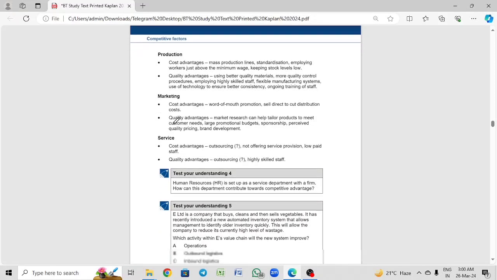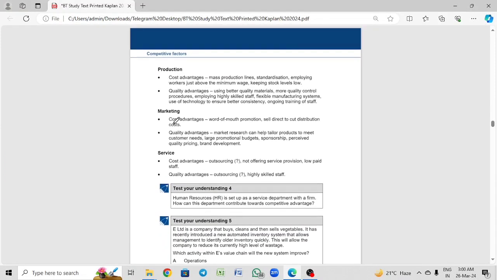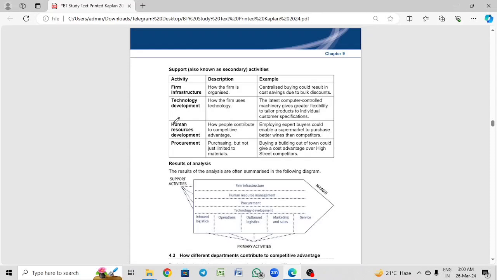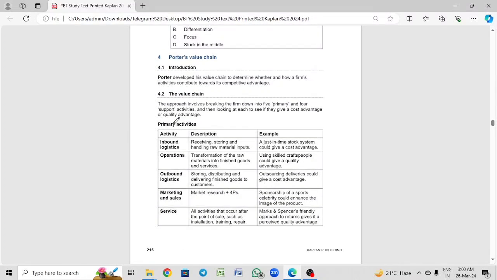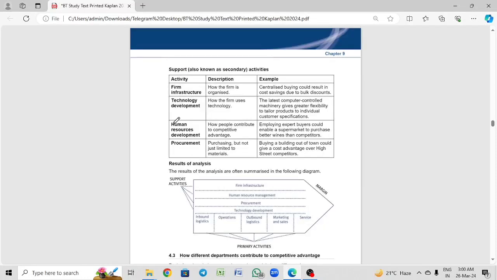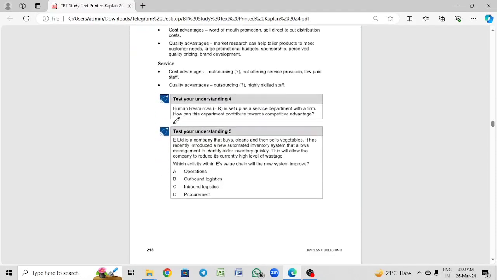So this is how you link one topic to another, okay. This is how Porter said that different activities also add to a competitive advantage, okay.